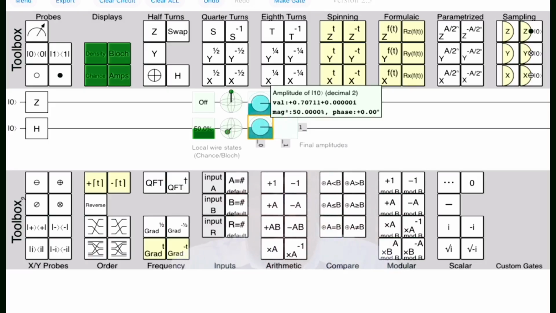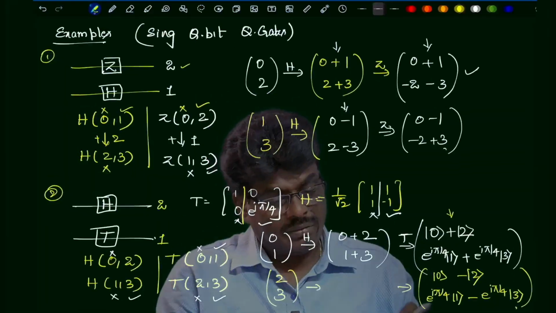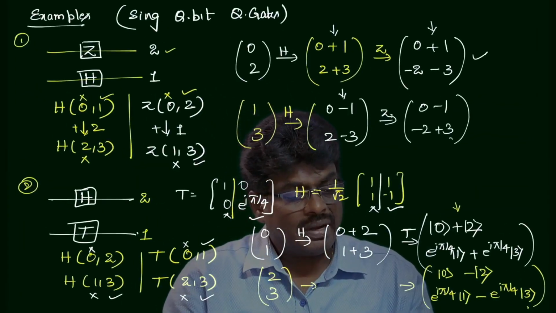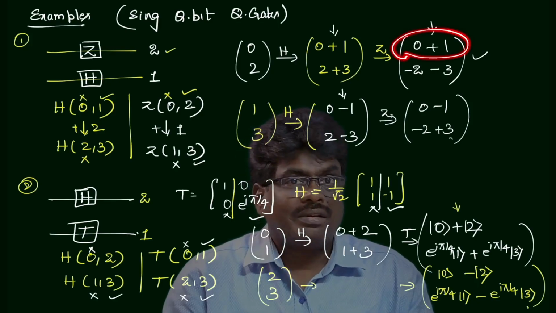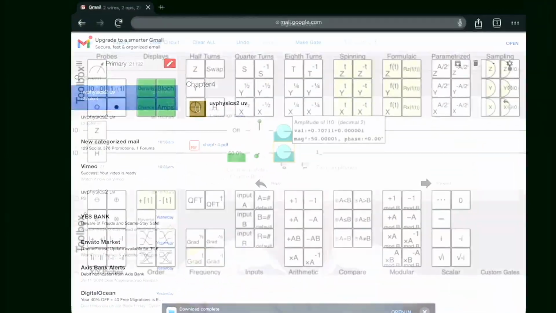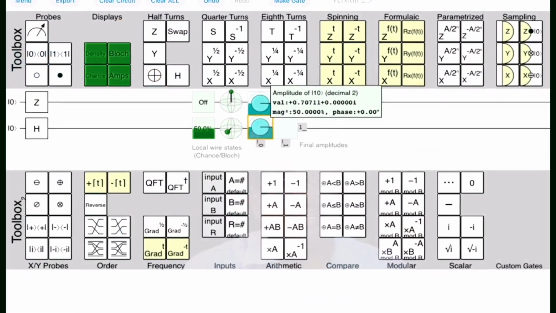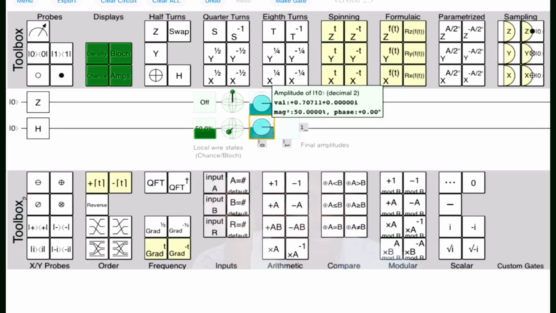And here 0 0, that means if you see the first one 0, the final answer is this one, 0 and 1. Now if you see that circuit, they are showing 2. That's what I am saying. They have given the ket 1 0. Please observe that 1 0.